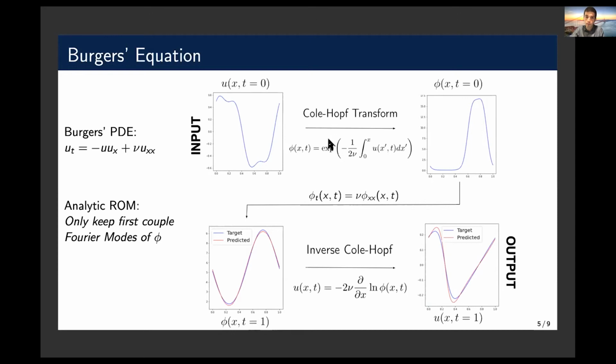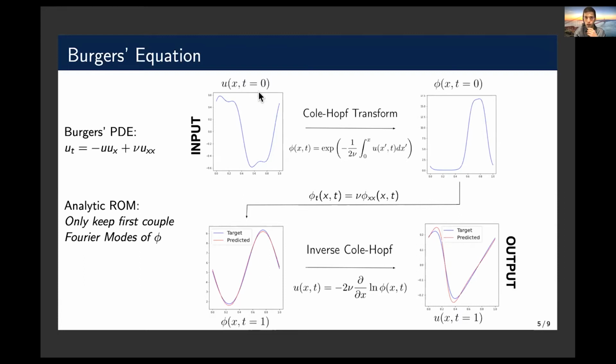Now, this Cole-Hopf transformation will take some input data and transform it into a function which obeys the heat equation, while u obeys Burgers' PDE. So the Cole-Hopf transformation essentially takes our nonlinear PDE and, after some nonlinear transformation, turns it into a linear PDE.